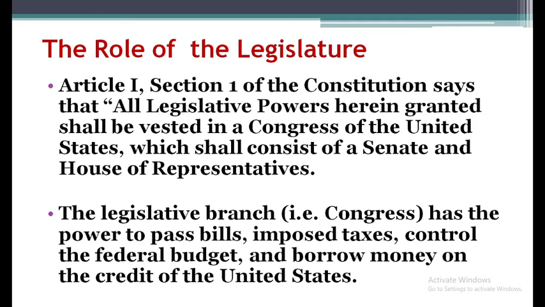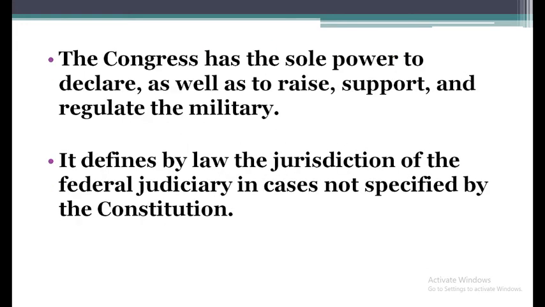The Congress has not only the power to pass bills but also to impose taxes, to control the federal budget, and to borrow money. The Congress has the sole power to declare war as well as to raise, support, and regulate the military or the armed forces.